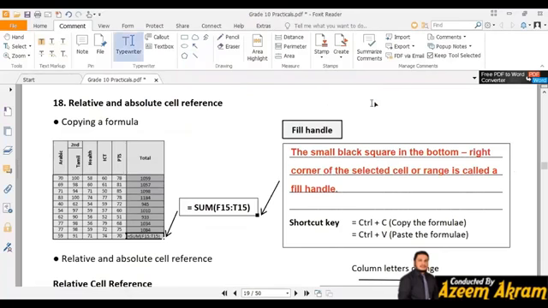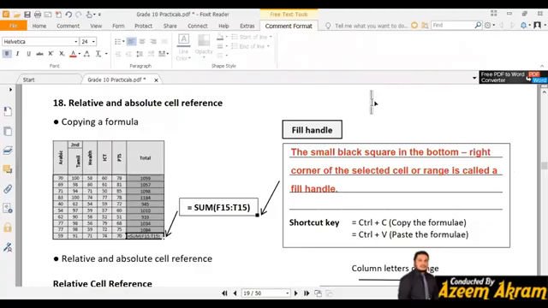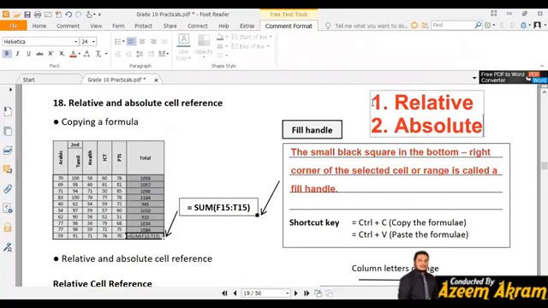So my question is, there are two methods. Number one, what is that? We call it relative. Number two, what is that? Absolute. What is the difference between relative and absolute? Which one contains the dollar sign? Absolute. Very good.